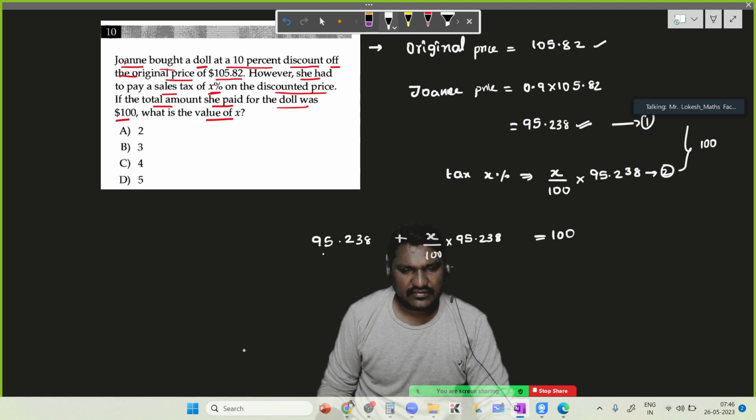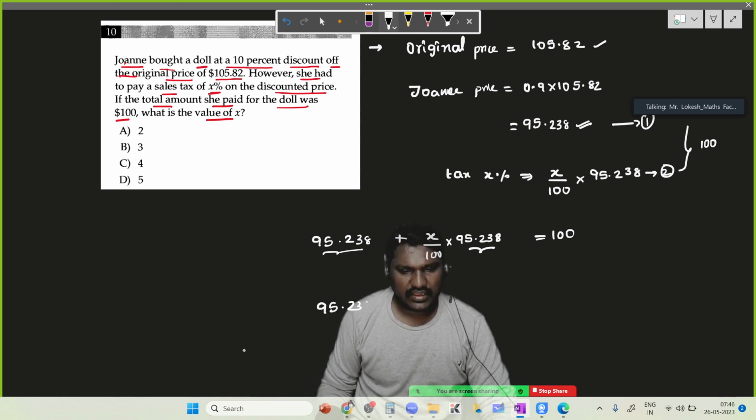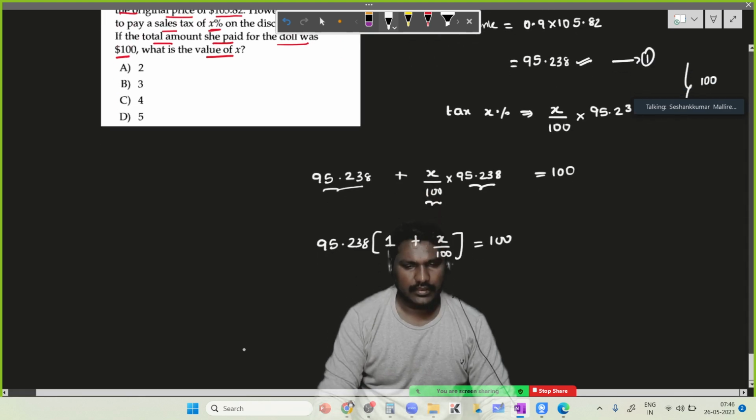Let me take 95.238 as common from both terms, so it becomes a very easy calculation. Taking it common, I will be left with 1 here and X by 100 here, equal to 100.